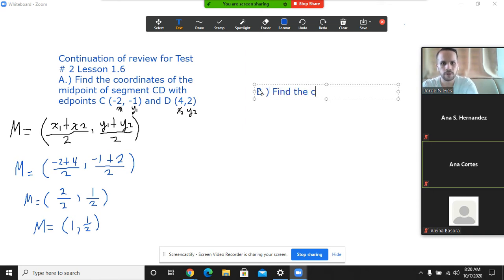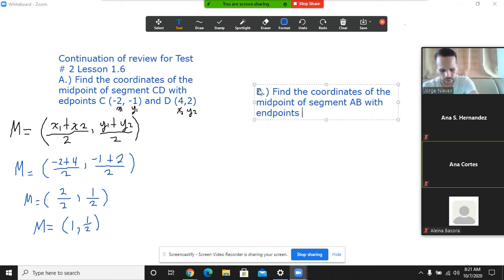Find the coordinates of the midpoint of segment AB, okay, with endpoints, I always have to give you the coordinates.